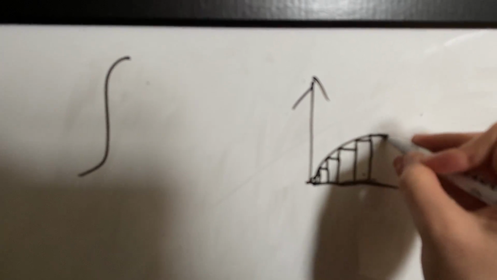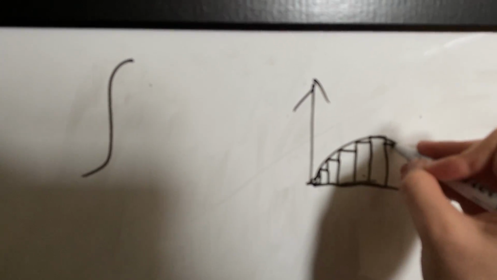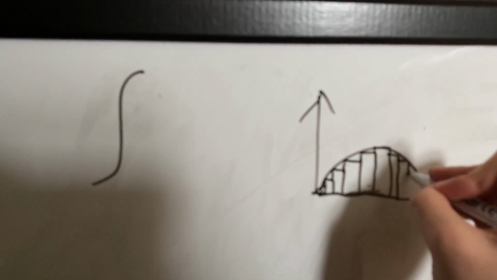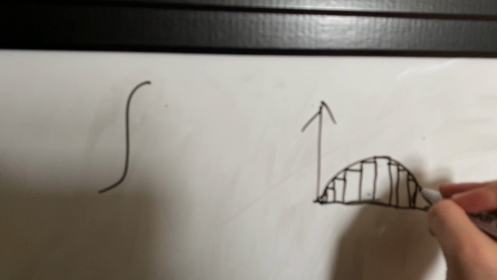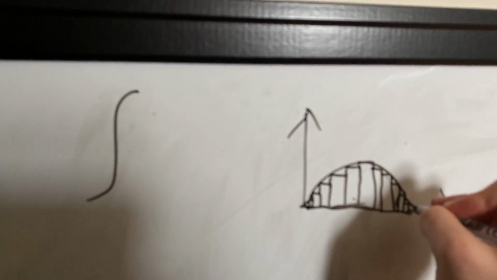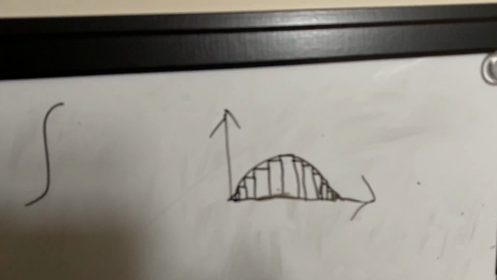If you see these rectangles I'm drawing, they're clearly not beautiful approximators of the total sum, but simultaneously you can kind of understand where this is going.